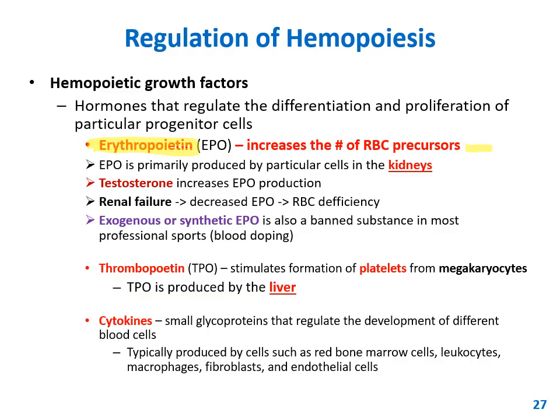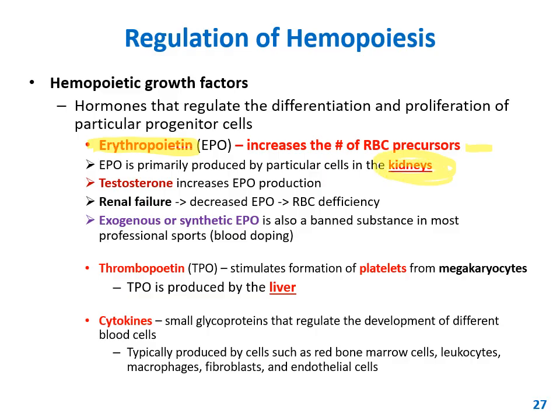Now, erythropoietin is a protein and is produced somewhere. It's a hormone produced in a place, travels in the blood, and reaches the target organ, right? The organ that produces erythropoietin is the kidney. So your kidneys are going to produce erythropoietin.